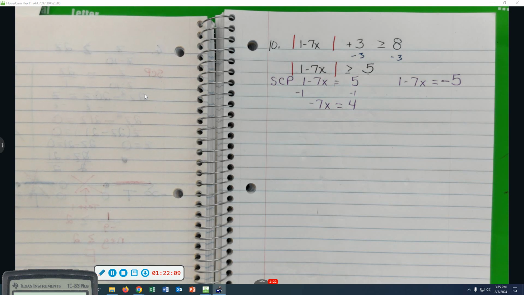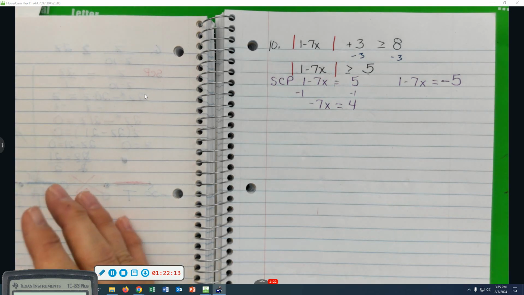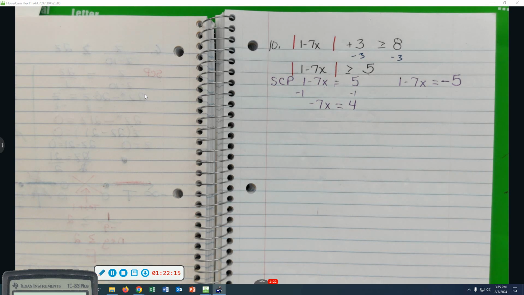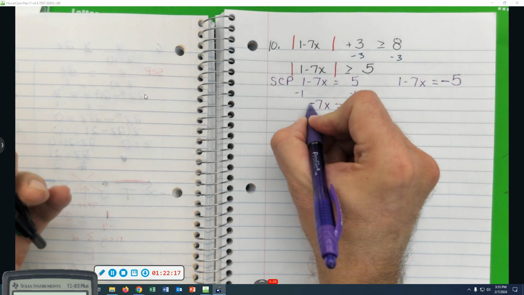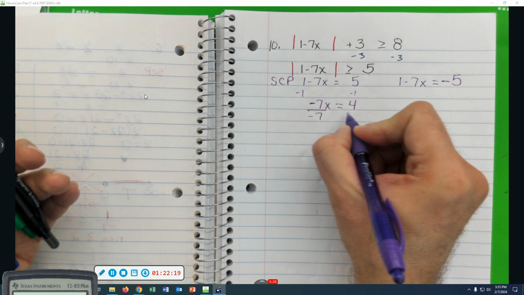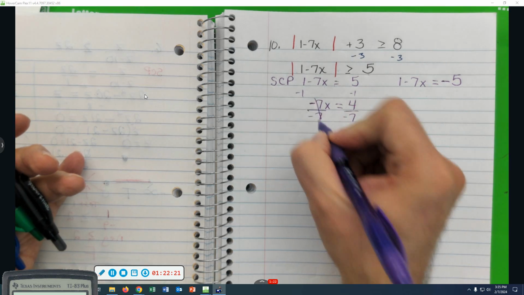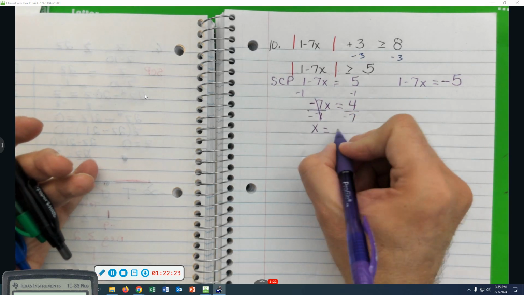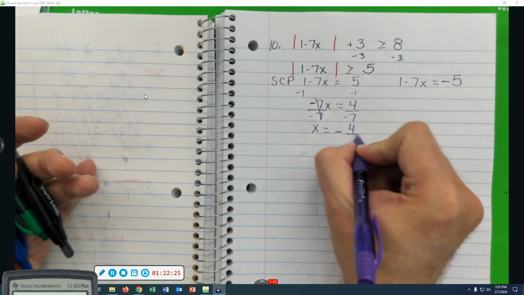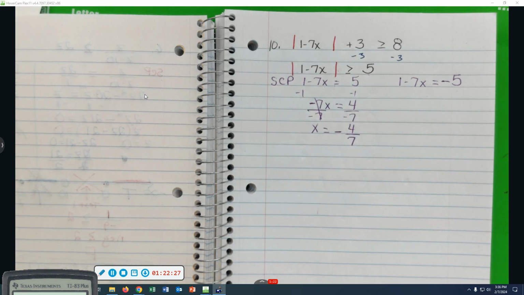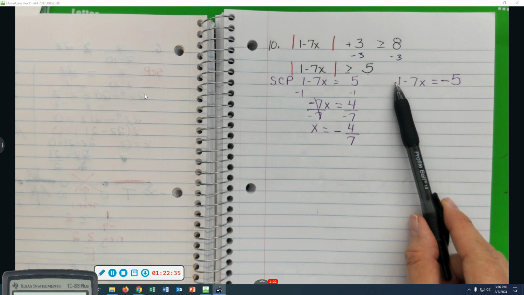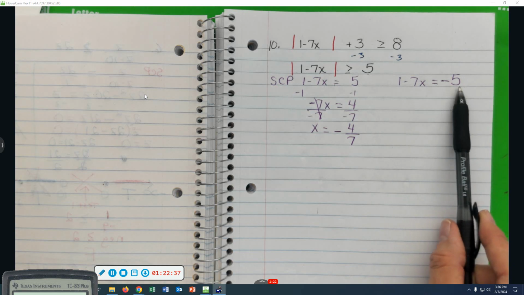Are y'all following what I'm doing? With the absolute value ones, you've got to go equal positive, equal negative. Then we divide both sides by negative 7. But we're not going to leave that negative in the bottom. We'll write it as negative 4 over 7. Y'all ready to do the same steps over here?